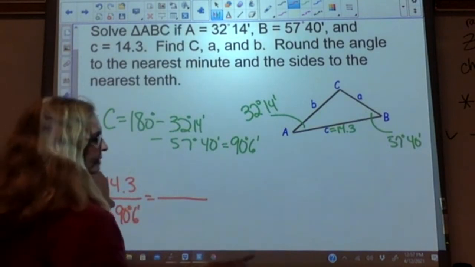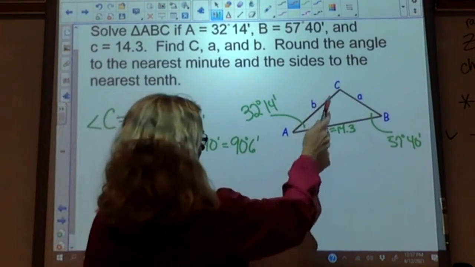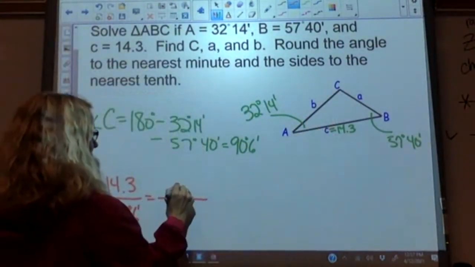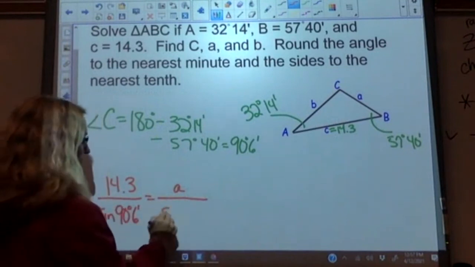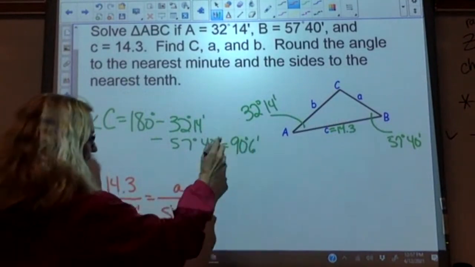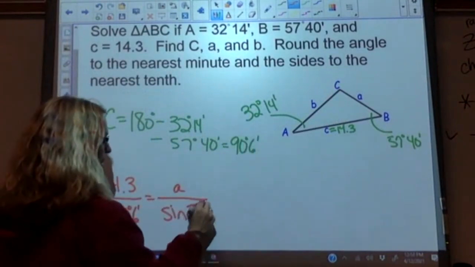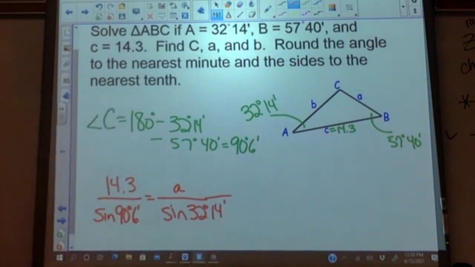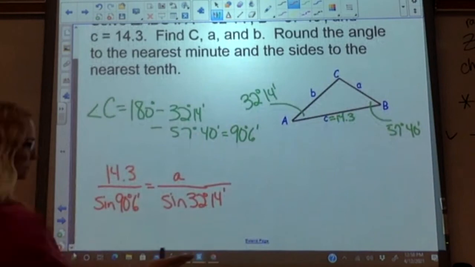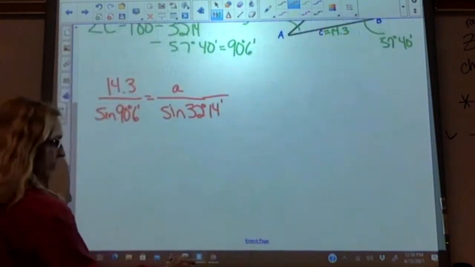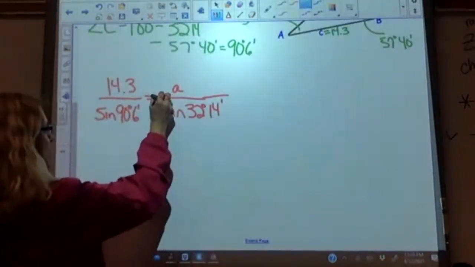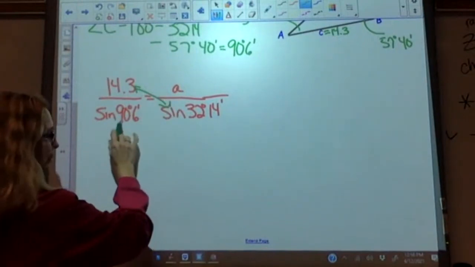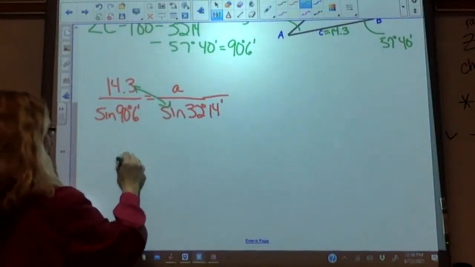Now I have to find side a and side b, so it really doesn't matter which. Going alphabetically, I have little a over sine of angle A, which is 32 degrees, 14 minutes. Now you just cross multiply and divide: multiply the ones on the diagonal together, and then divide by the other one. So we are left with a.